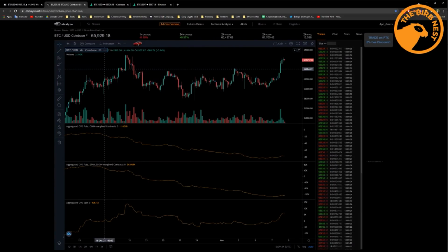The CVD is the cumulative volume delta, and the volume delta by itself measures the aggression in the market. The aggression in the market is when somebody puts in a market order, crosses the spread, and buys a little bit above market price to grab that liquidity.